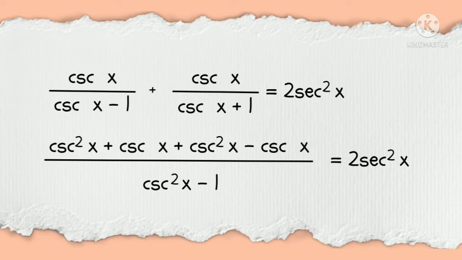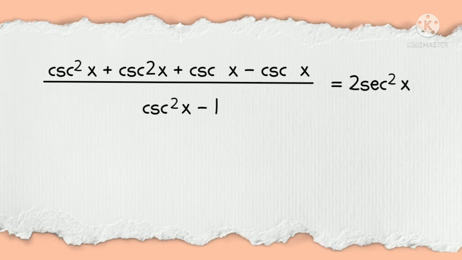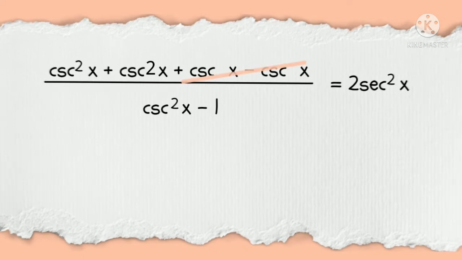Before moving on, let's arrange the variables in the numerator from greatest to least first to have cosecant squared theta plus cosecant squared theta plus cosecant theta minus cosecant theta. As we can see here, we can just cancel positive cosecant theta and negative cosecant theta since they have opposite signs.